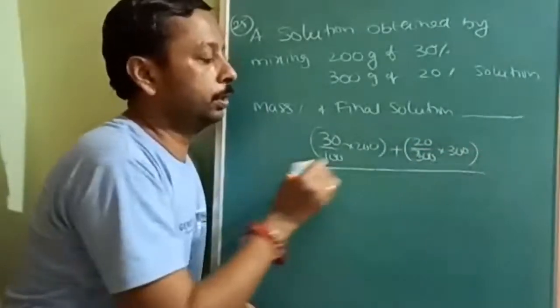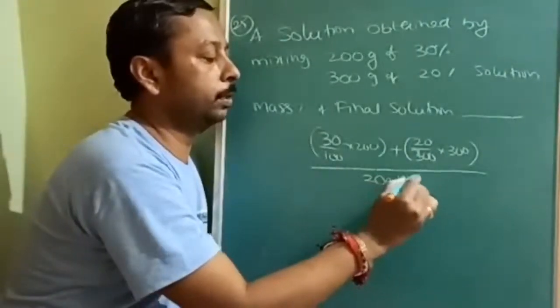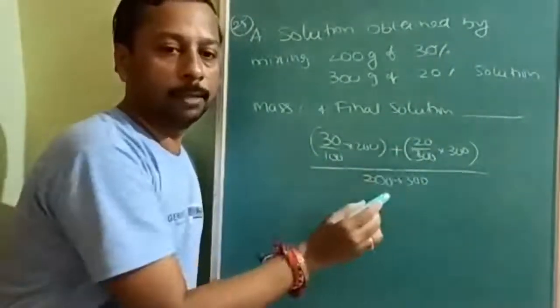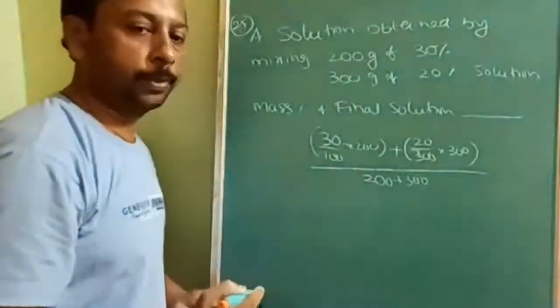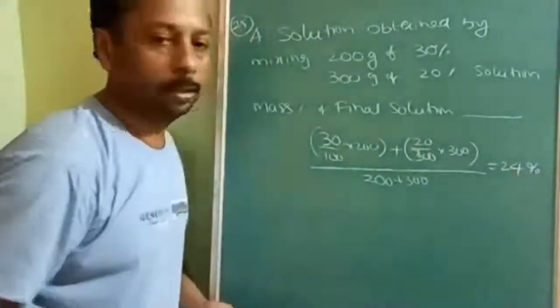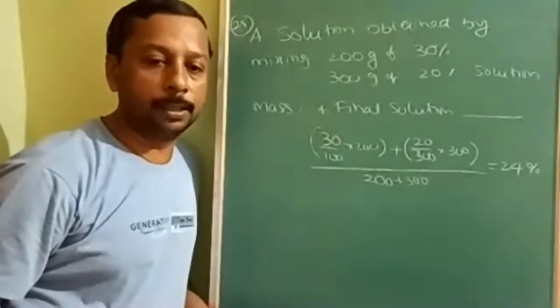This is total solute. And total solution will be 200 plus 300. Understood? Total mass of solute divided by total mass of solution. On simplifying, you will get 24% mass percentage of the solution.